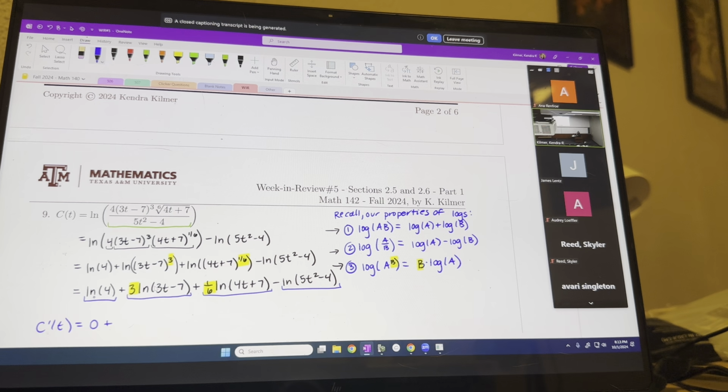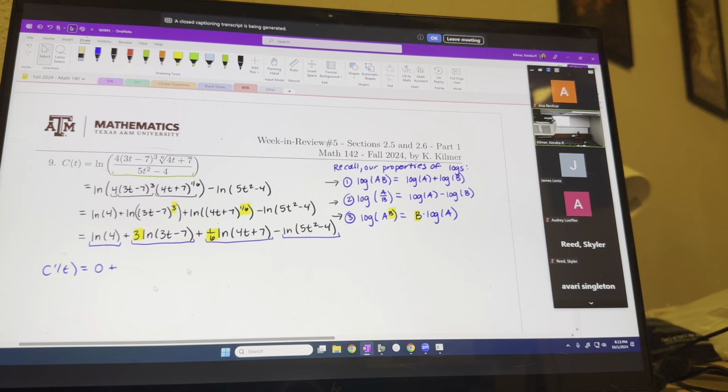Plus, we now have a constant times a composite function, right? We learned last week how to find the derivative of the natural log of t. We now have the natural log of a function of t. So we have to use the chain rule to find the derivative of this, right? The outer function is the natural log of t. The inner function is 3t minus 7.